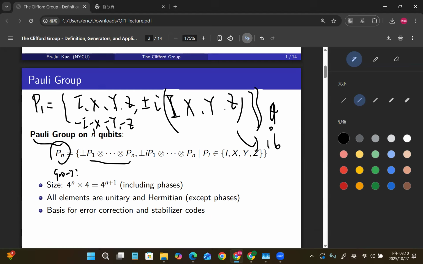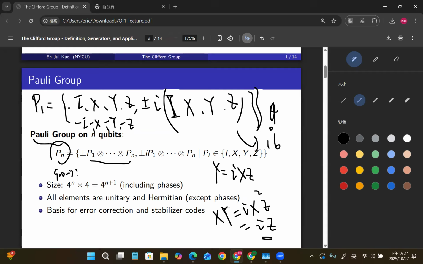The idea is that you can see the Paulis are closed once you include this phase, because I know that, for example, Y is iXZ. So if I multiply X and Y, then I get iX squared Z, then I get iZ. So if I multiply X and Y, I get iZ, and so I will get the Paulis X, Y, and Z. And a Pauli squared is identity or minus identity.